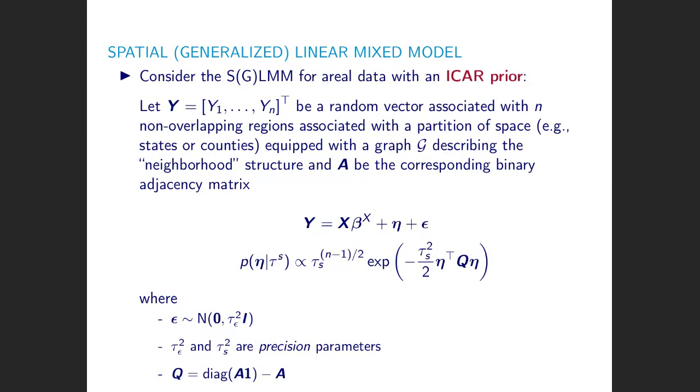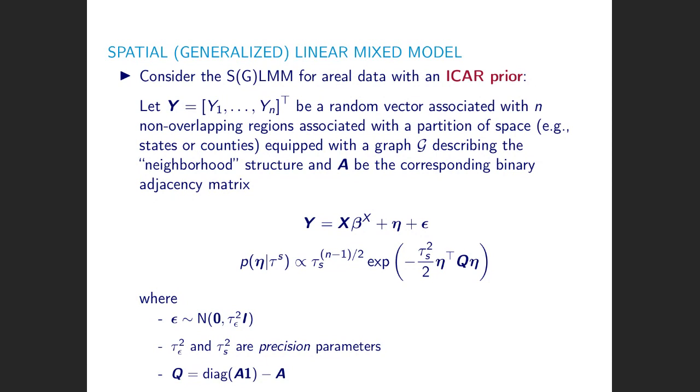The reason why it's not a normal distribution is this matrix Q, which is the Laplacian of the matrix A, is not actually invertible. So it's kind of like an improper normal distribution. And this ICAR prior is widely used in spatial modeling.